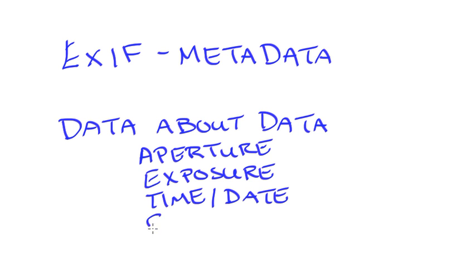In some cases, some cameras record GPS coordinates, so you know where the picture was taken. The EXIF could be a separate file, but in many cases with the digital cameras, the EXIF data becomes a part of the JPEG. So if you were to open that JPEG in an application, many applications will be able to read that EXIF or metadata information, telling you again aperture, exposure, time, date, where it was taken. And that can be very, very useful.